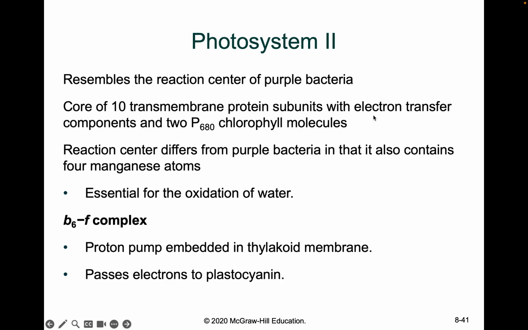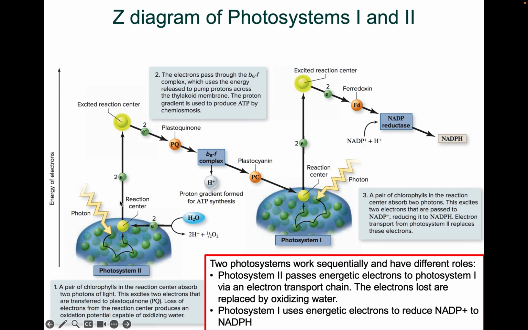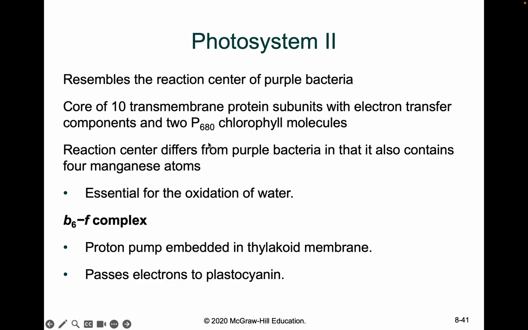So it's 10 proteins in the membrane, and it has two P680 chlorophyll A molecules. This is why you get two electrons, because you have two chlorophyll A molecules there that are getting excited and passing two electrons. So again, photosystem 2 has 10 transmembrane protein subunits and two P680 chlorophyll A molecules.